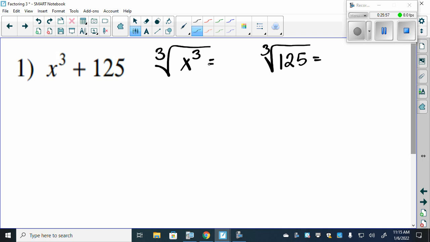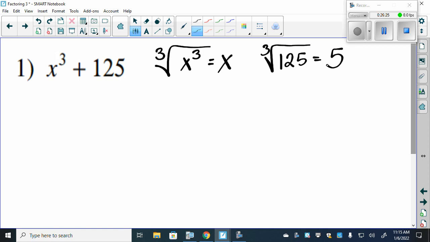We're just wanting to see if I can take the cubed root of x cubed and the cubed root of 125. The cubed root of x to the third is x. Variables are not too bad to take the cubed root of. Now we need to take the cubed root of 125. Anybody know? It is 5.